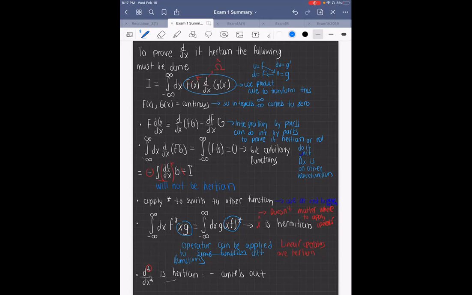So to prove that d/dx is Hermitian, like the derivative operator, what you have to do is basically use integration by parts to put the derivative on the other side of the function. So you have to put the derivative on f of x after using integration by parts. You're trying to put the derivative on f and take the derivative off of g.